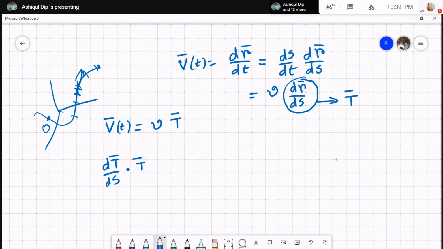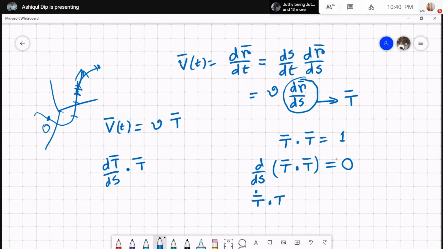We know that t dot t equals 1, as t is a unit vector. If we take the derivative on both sides, we get 0. Using the previous thing we proved about the derivative of a dot b, we can write t dot t' plus t' dot t equals 0.